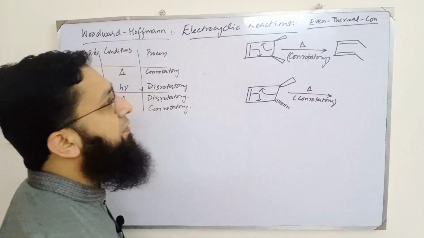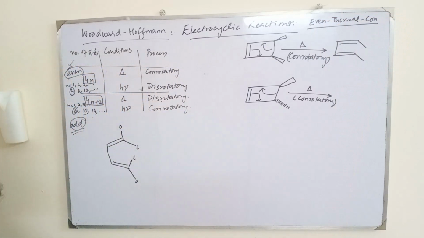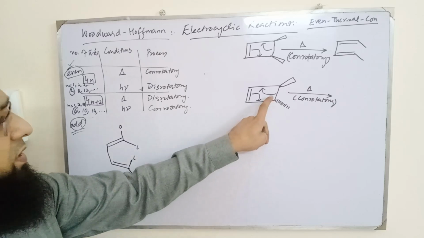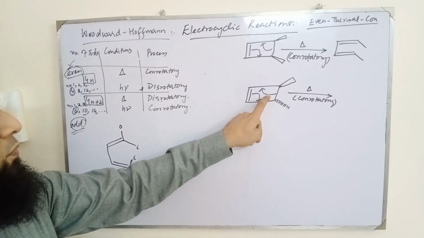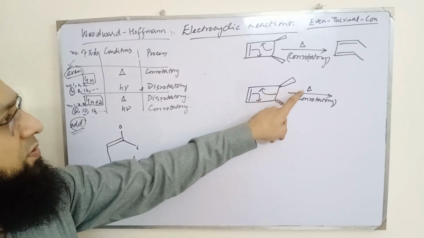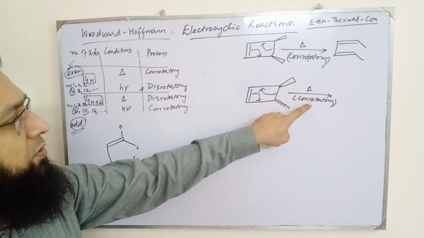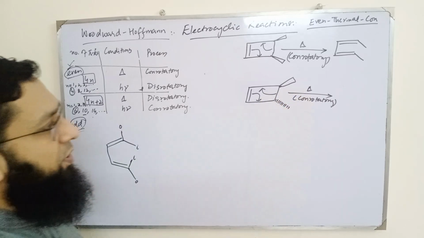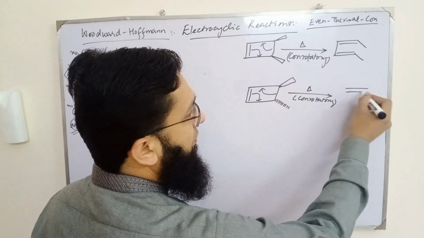If you remember it, even thermal con, we can remember the table with more ease. So in this case we have an even number of electron pushing arrows and the process is thermal, so the process would be conrotatory.